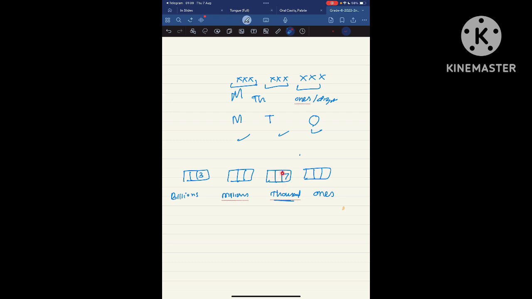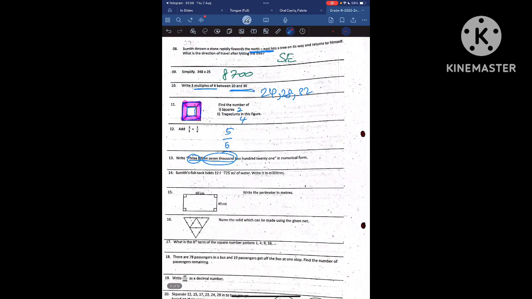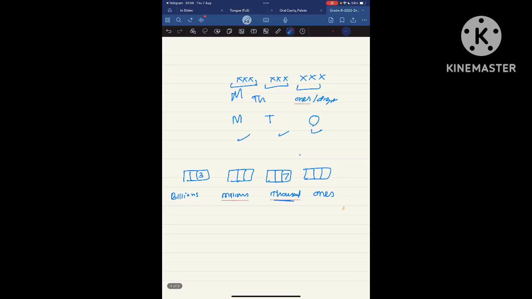So if they say 7,000, you have to just write the 7 there. Then 221. 221 should be written in the ones. So I am writing 221 in the ones.